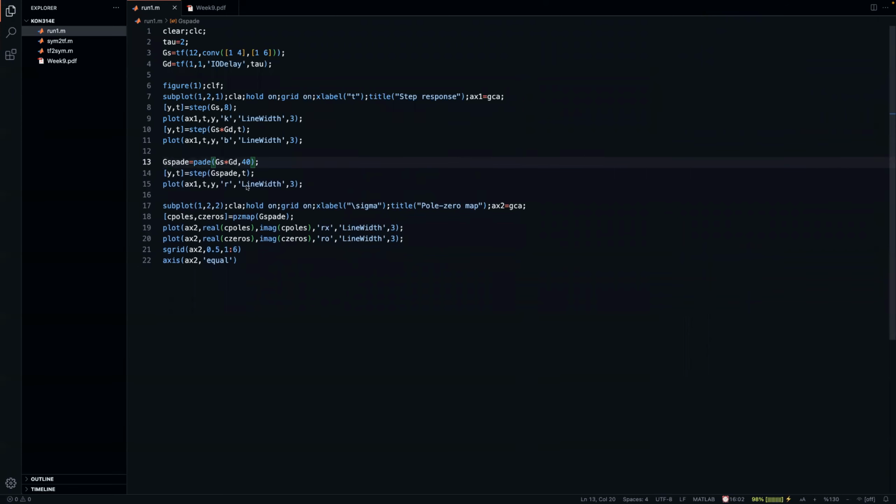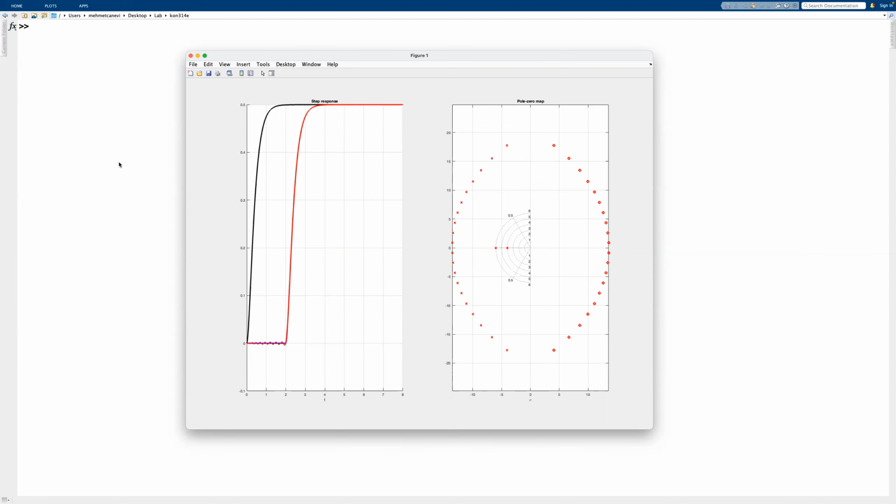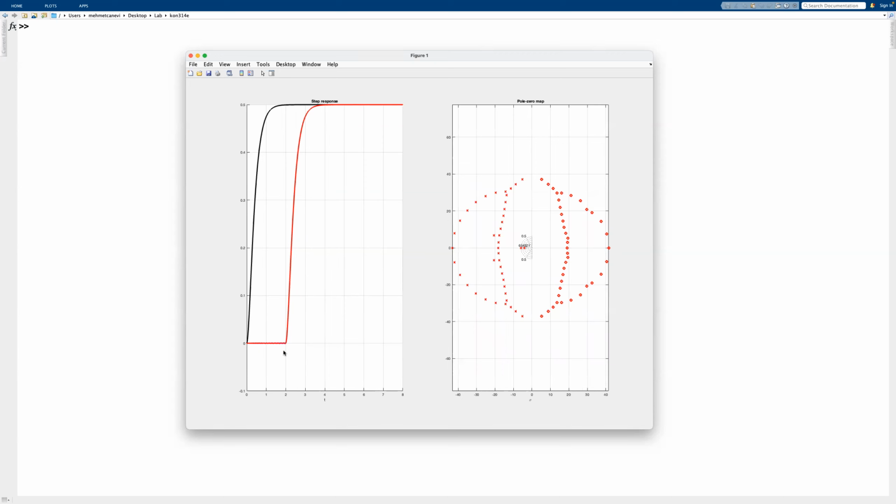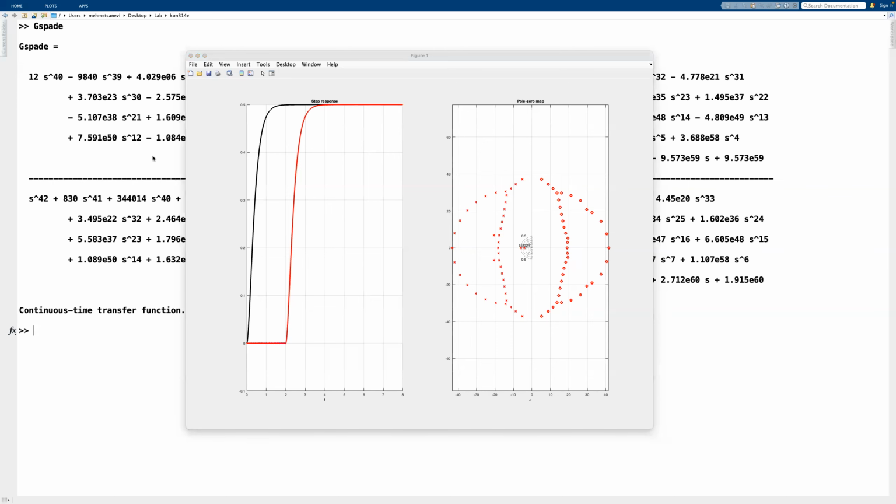So 40th order approximation, if that's still usable, you can see visually it's not different anymore. But of course, we have too many zeros and too many poles on the left half plane, namely 40 zeros and 40 poles from the approximation and 2 poles of the system. We're basically having a nightmare here because this is something that we wouldn't like to have.